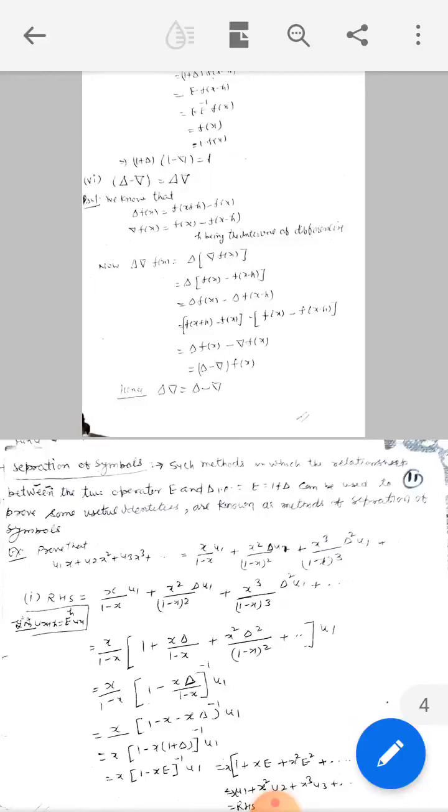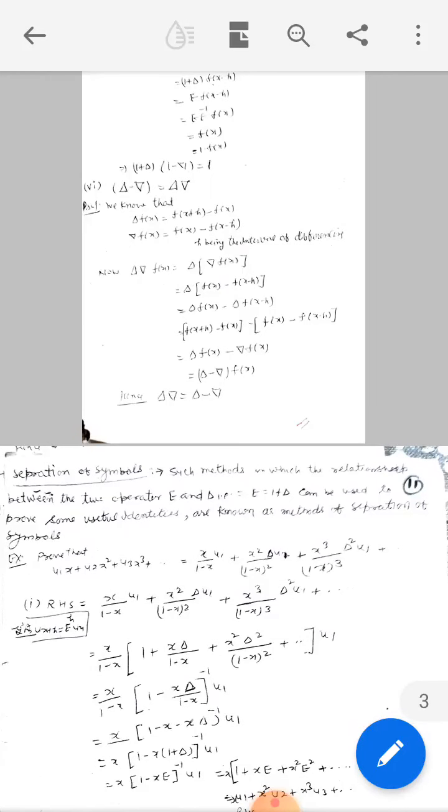So now delta into nabla f(x) is equal to delta into f(x minus h), which is equal to delta f(x) minus delta f(x minus h), which is f(x plus h) minus f(x) minus f(x) plus f(x minus h). This is equal to delta f(x) minus nabla f(x), which is equal to (delta minus nabla) into f(x). So f(x) is arbitrary.